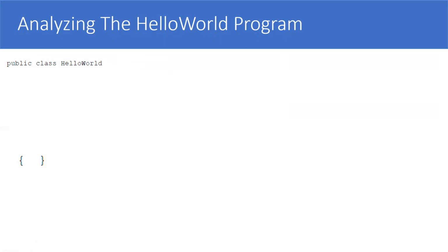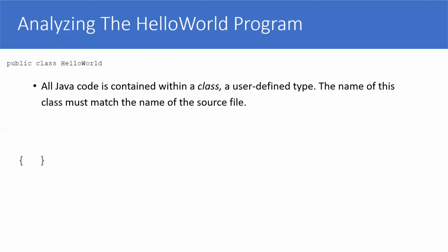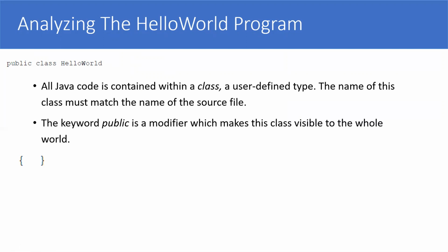Basically, all Java code is contained within a class, which is a user-defined type. The name of this class, first of all, has to match the source file, the Java file. In this case, it's HelloWorld. Now let's move on to the keyword public.